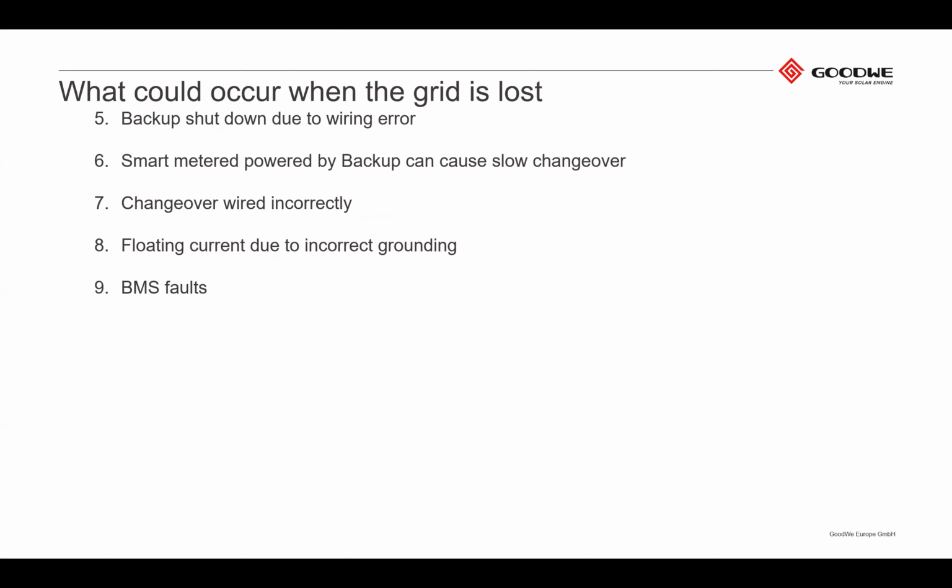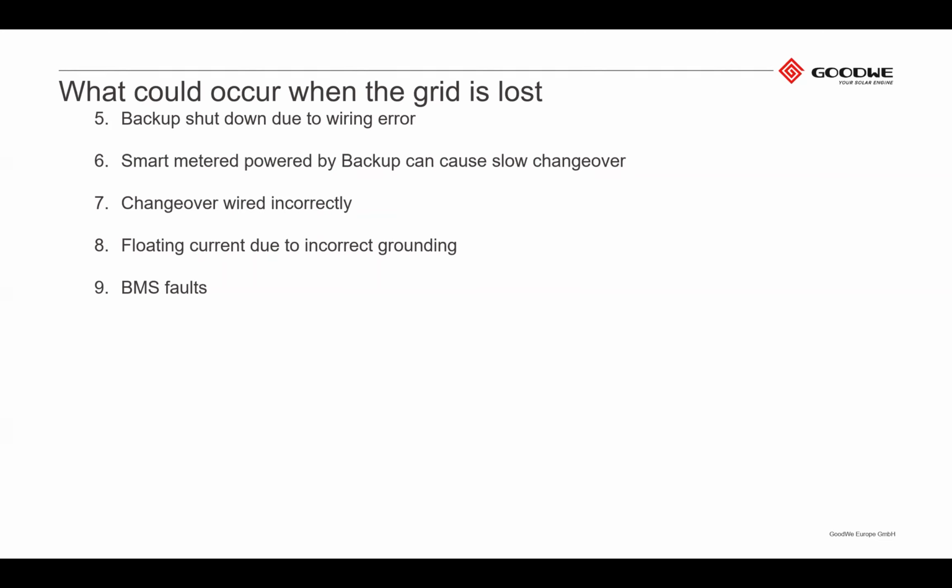If the BMSs aren't correctly grounded or poorly grounded, we could get strange occurrences happening. So it's very important to make sure that everything is grounded correctly as per the user manual. And if your batteries require grounding on them as well, please make sure that that is well grounded. But yeah, refer to your battery manual for that as well.